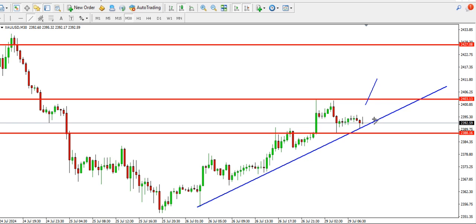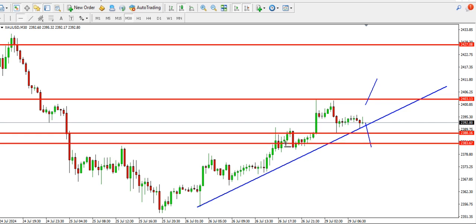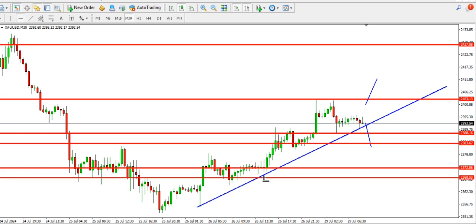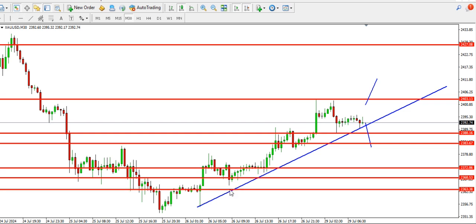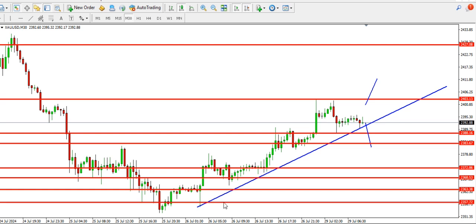First of all, it breaks this ascending trend line and the range bottom, for price to get to this order block at 2383, and the subsequent ones: another one at 2372, then 2368, another one here 2363, and another one 2357.